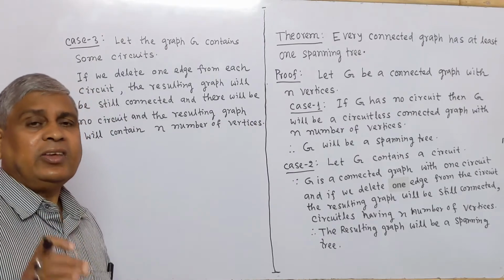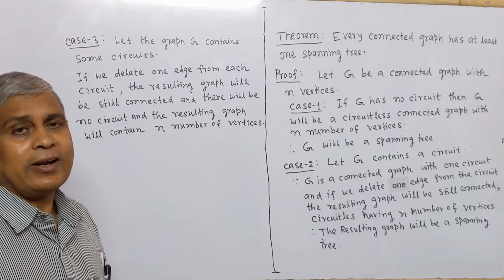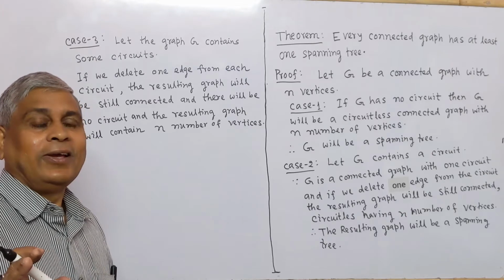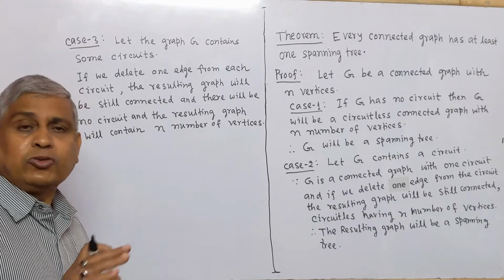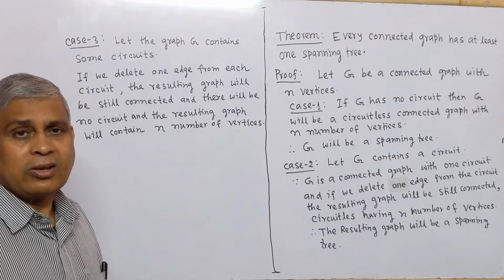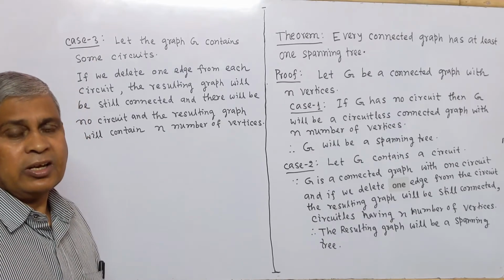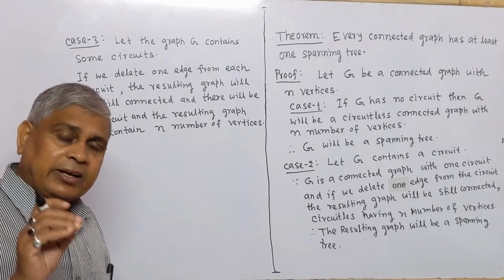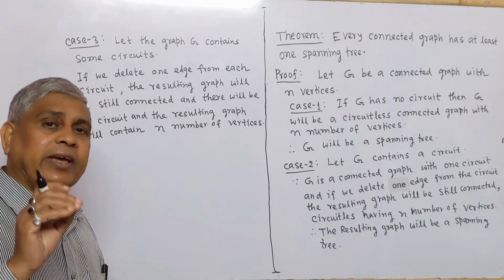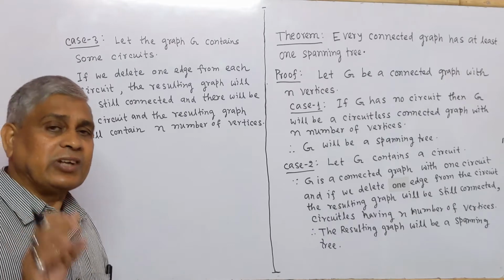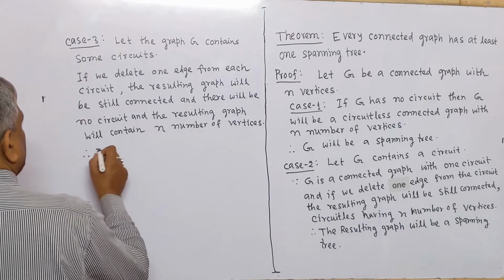When one edge is deleted from each circuit, the resulting graph will be still connected and circuitless, and it will also contain the n number of vertices, because we have not deleted any vertex. We have deleted one edge from each circuit. Therefore, the graph will be connected circuitless with n vertices. That means the resulting graph is a spanning tree.